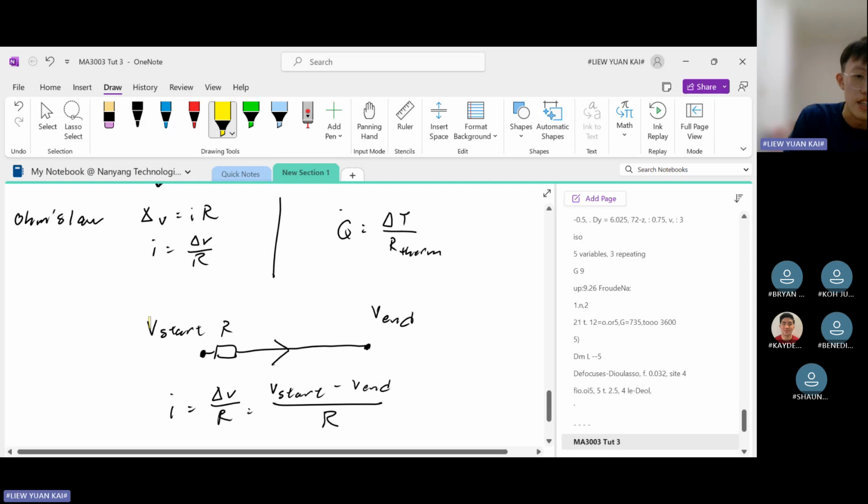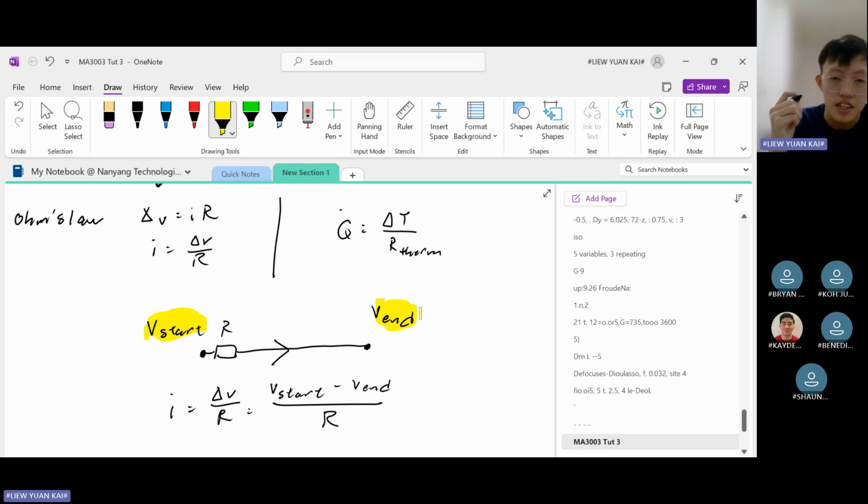So V start is the node voltage value where the current starts from, and Vn is the voltage value where the current ends its journey through the resistor.